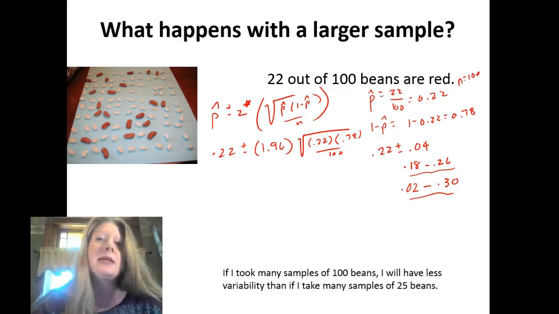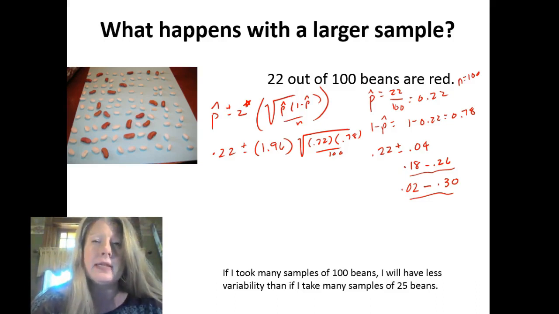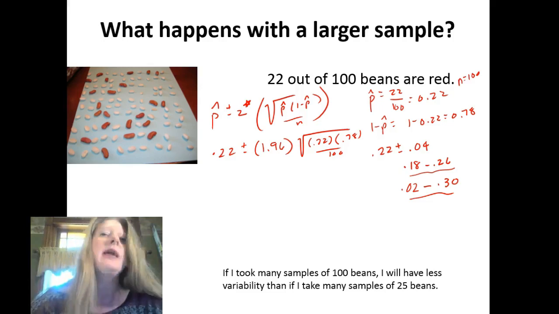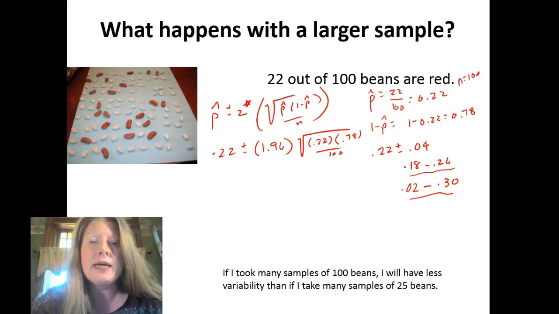And if we took many, many samples of size 100, we'd expect there to be less variability among our sample statistics. And I hope you're thinking about why that's the case. Imagine that, each time we're taking a sample of 100, we're taking a bigger portion of the population. We hope that each sample statistic's getting closer and closer to that true population value since we have more of the population in our sample.